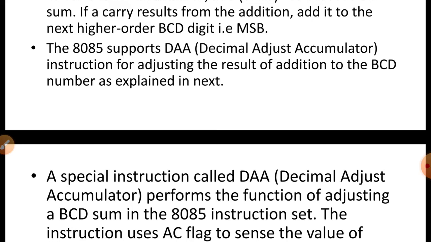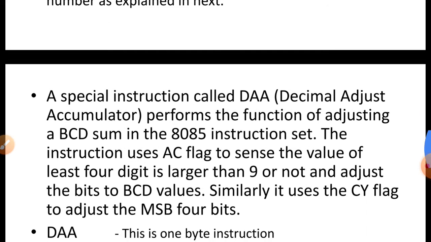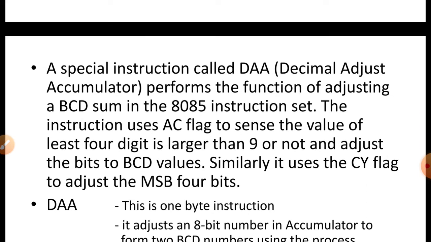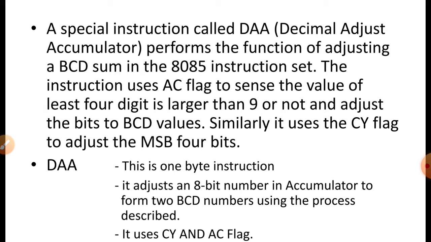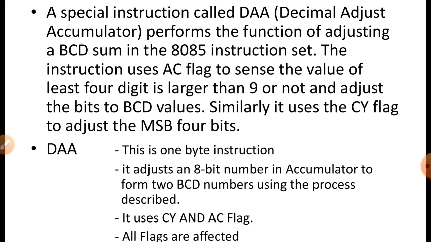In short form, it is called the DAA instruction, which very meticulously does the adjustment by adding decimal 6 to the result which is not in BCD form. So let us first discuss the instruction used in the 8085 for converting a number which is not in BCD form into a real BCD number.